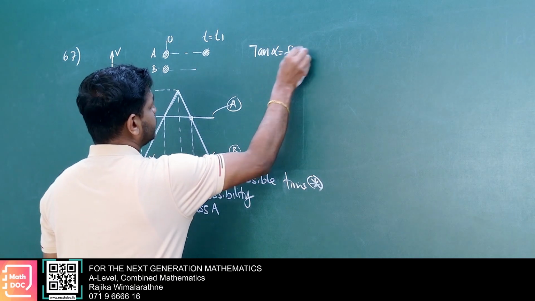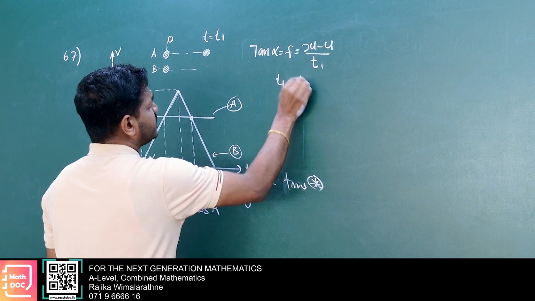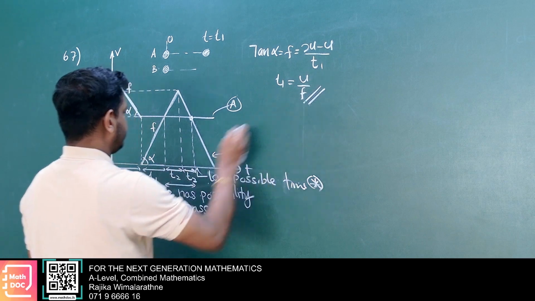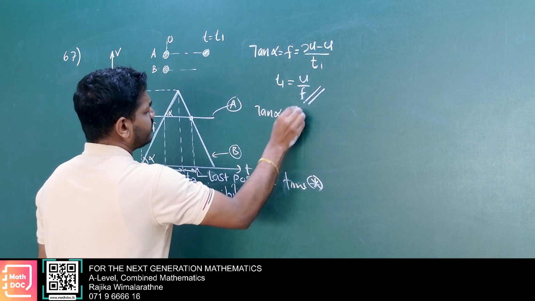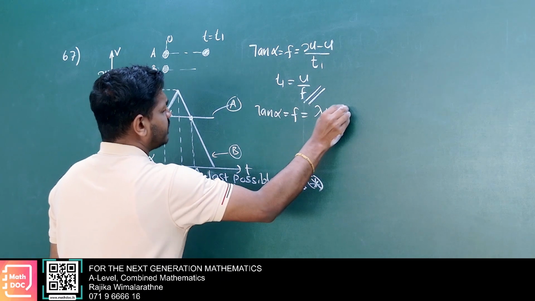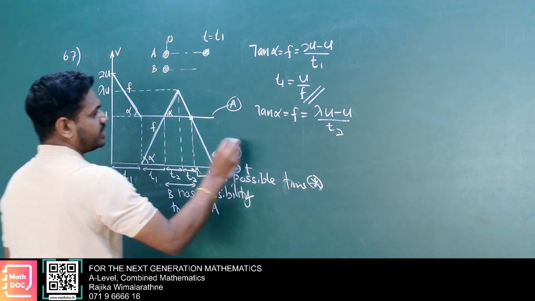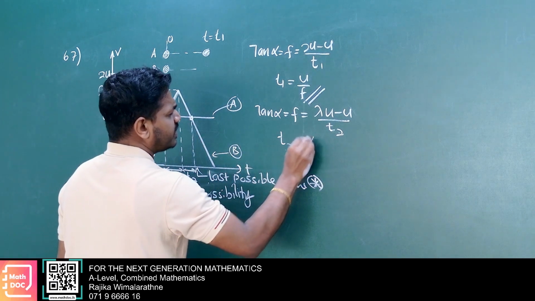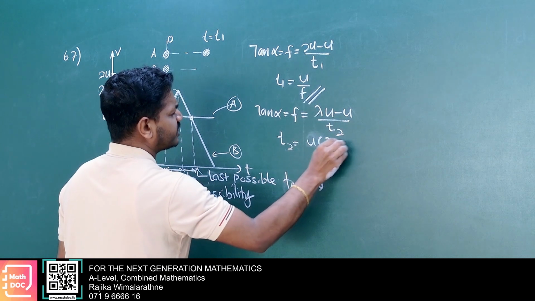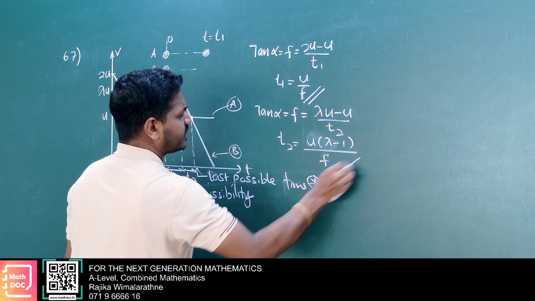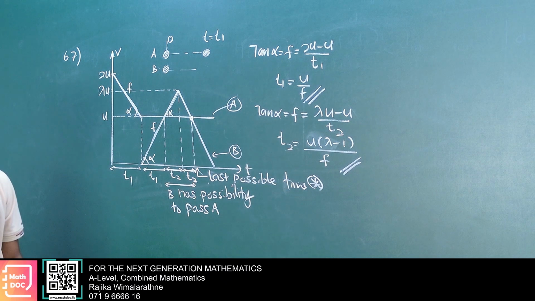Tan alpha is f, which is (2u minus u) divided by t1, so t1 is u over f. Here tan alpha is f, which is (lambda u minus u) divided by t2. Then we know t2 is (lambda minus 1) u over f, the t1 and t2 times.